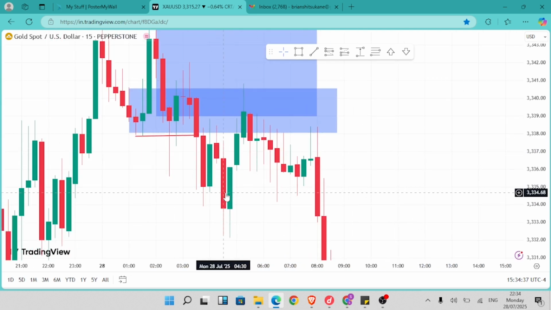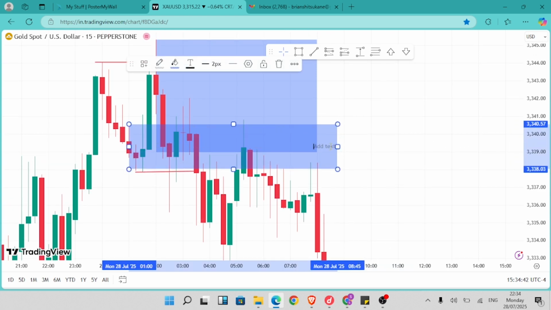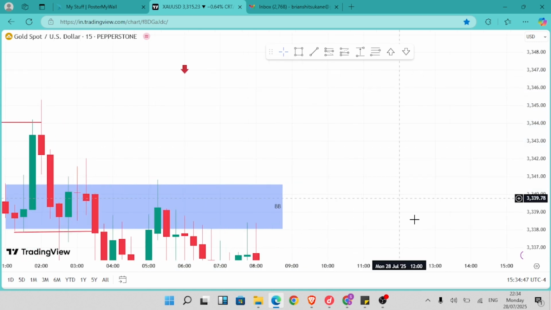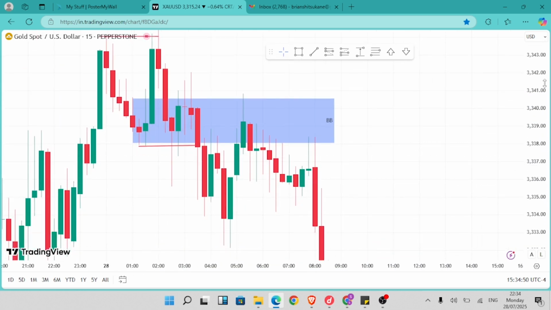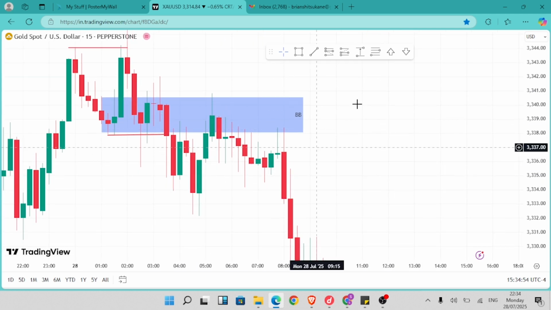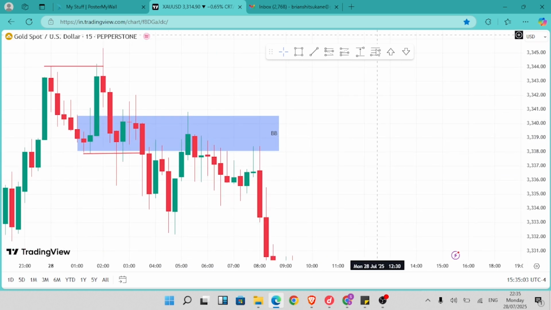As price is trading lower, it comes back into the premium, the breaker. We can now get rid of this. You see what is happening. It comes back into the breaker, closes below. Now this right here is an engulfing out of this breaker.